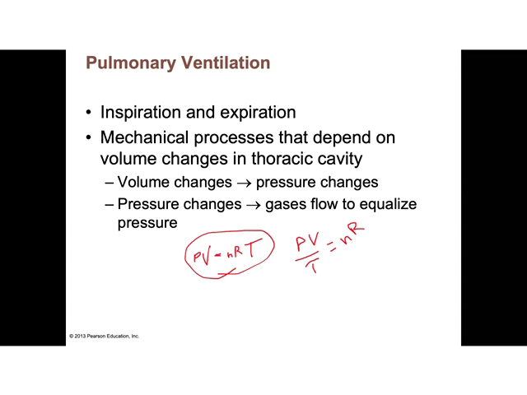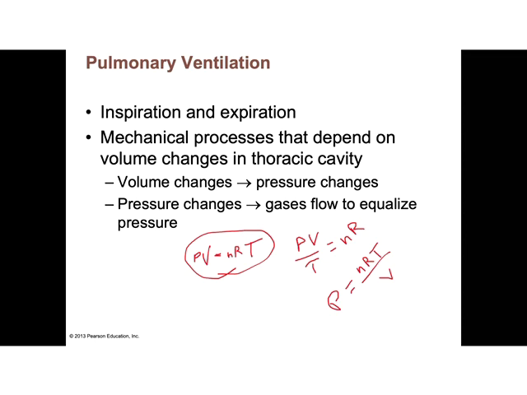We can rearrange it so that nRT over volume is equal to pressure, okay? And that tells us that as the volume goes down, the pressure goes up, and as the pressure goes up, the volume goes down, okay?